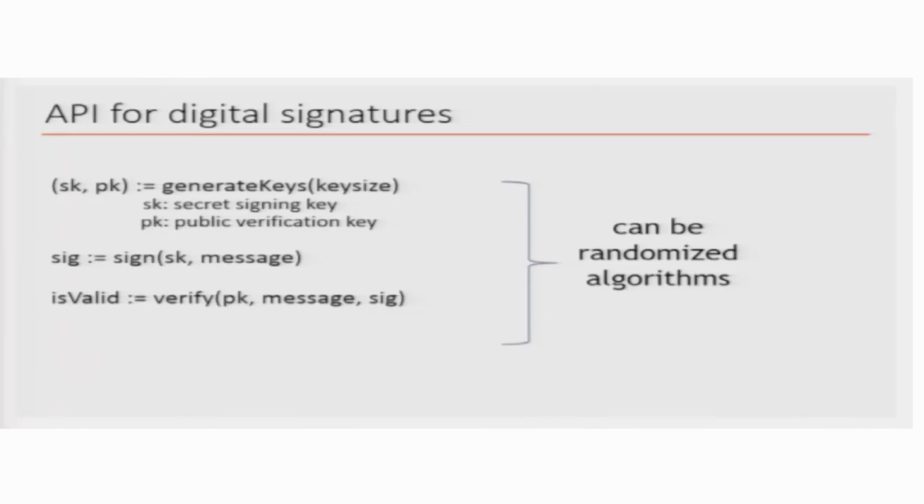So, how do the digital signatures work? First, you have to have a function for generating keys. So, you say that I want a 256 bit key. Then you call the corresponding function generate keys. It will give you a key pair, that is secret key or private key and public key or PK.